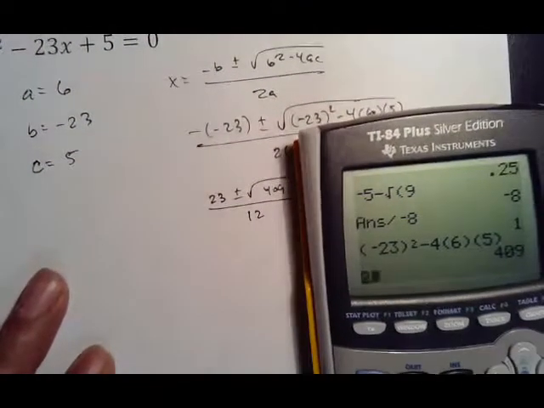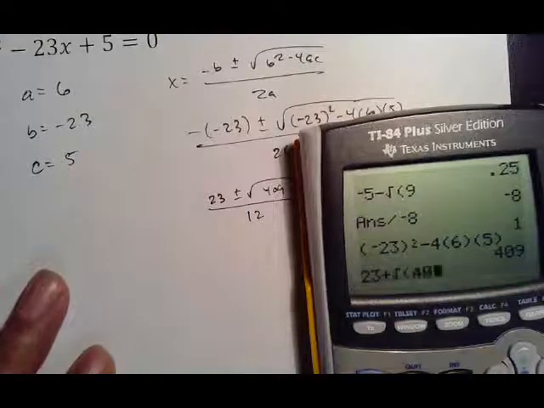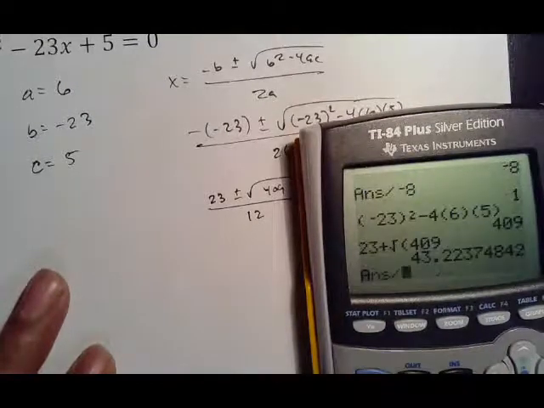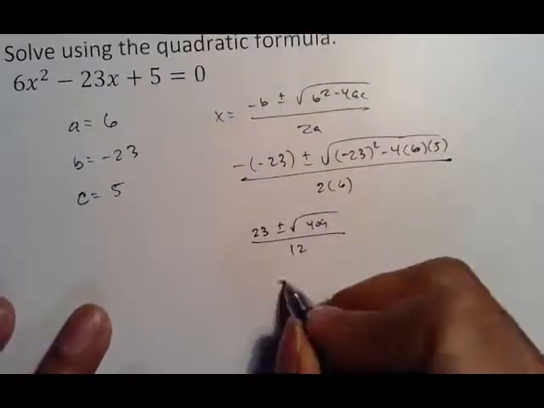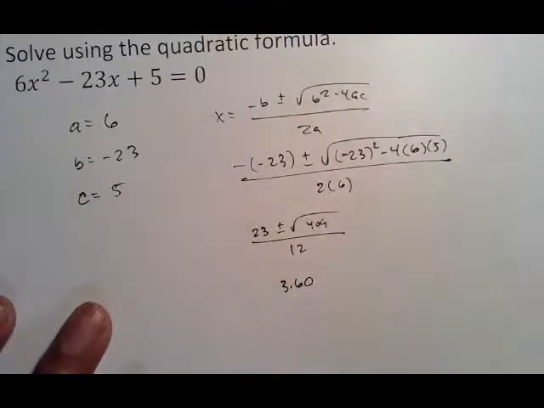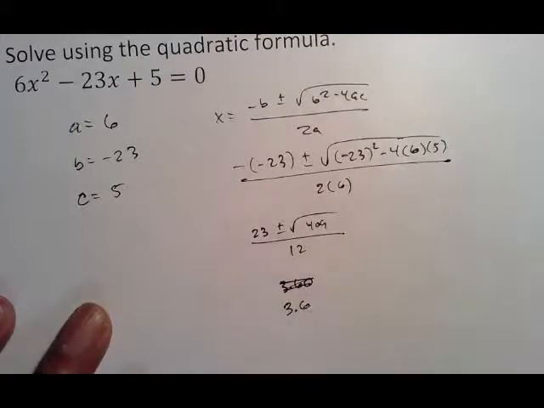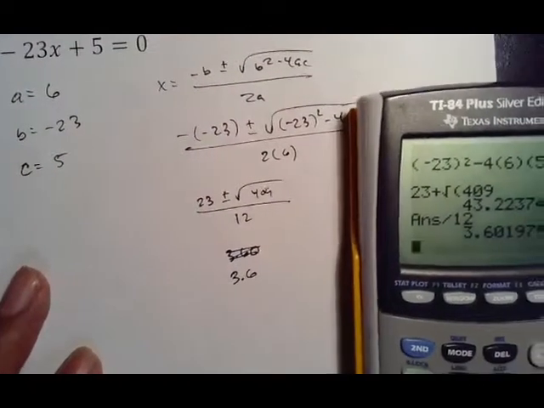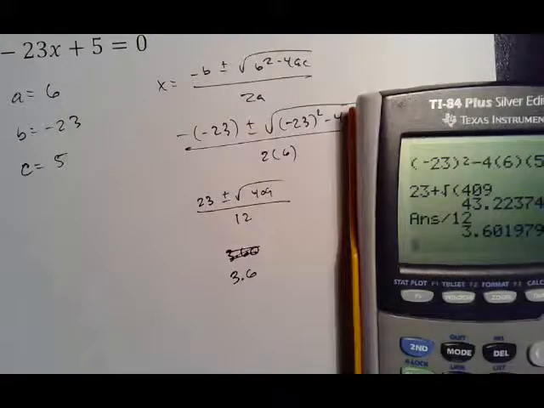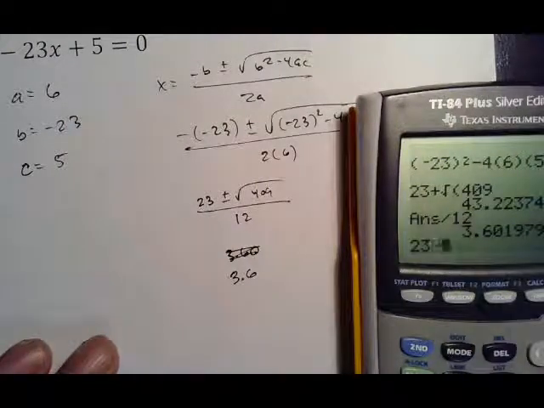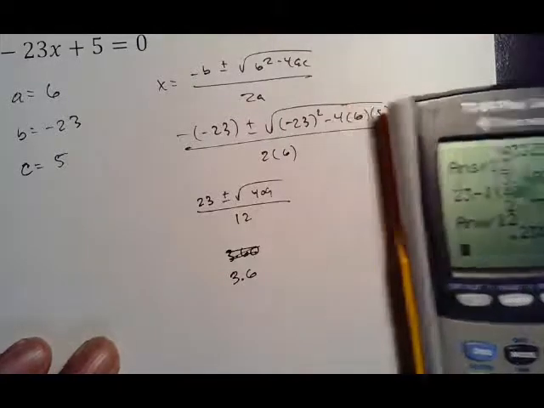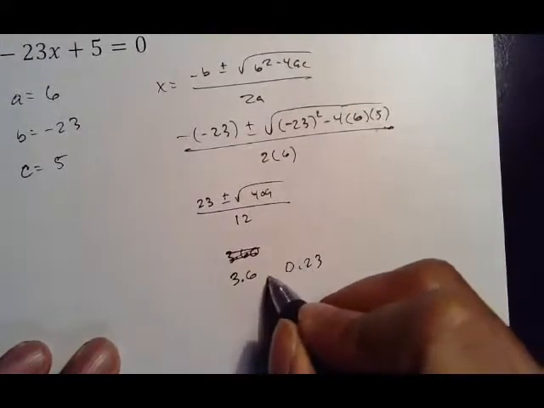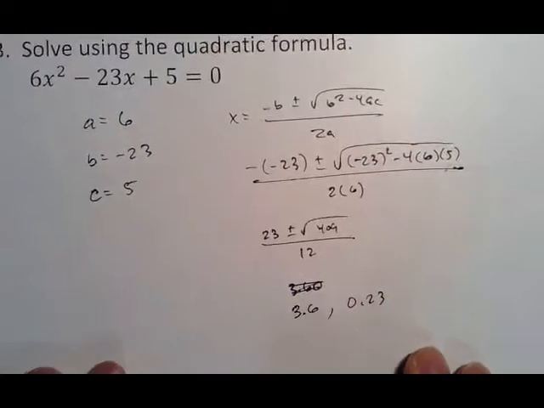And again, 23 plus square root 409 equals, divided by 12 equals 3.60. Actually, for you on this, it'll just be 3.6, because if you put the 0 after, it doesn't like it. And then 23 minus square root 409 equals, divided by 12 equals 0.23. And so that would be your two answers for it.